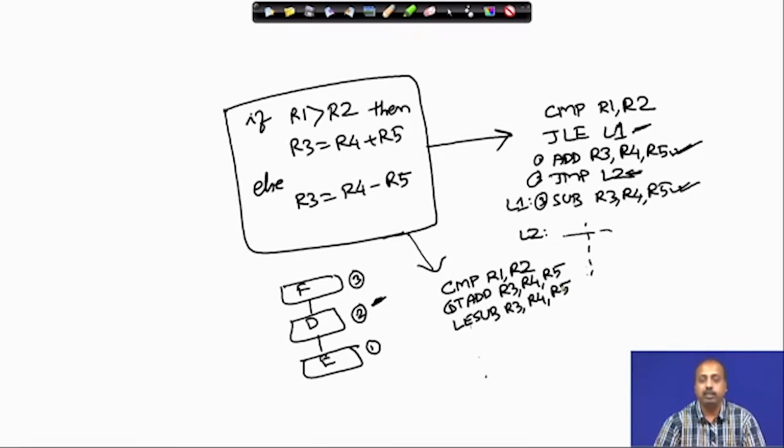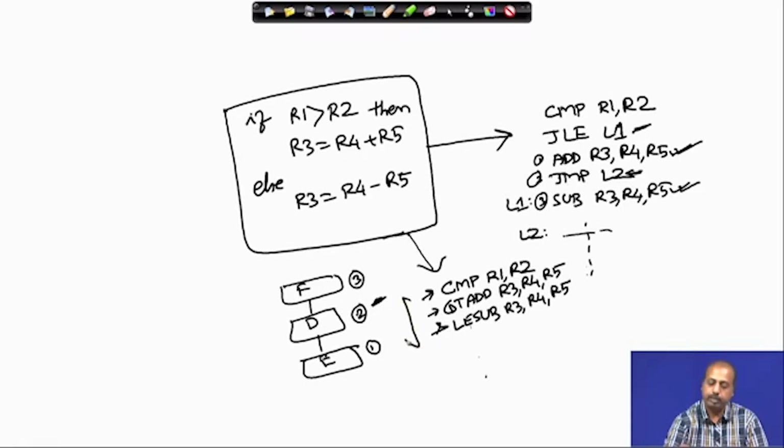Fine. So what is happening is that first it will be compared, then when the next instruction goes to the execute phase, it will check whether the greater than flag is set or not. If the greater than flag is set, then only this addition will be done, otherwise it is the same as a NOP, no operation. Then the next instruction will come into execution, and if the less or equal condition is true, then only this subtraction will take place. So you see, now you do not have to stall the pipeline.